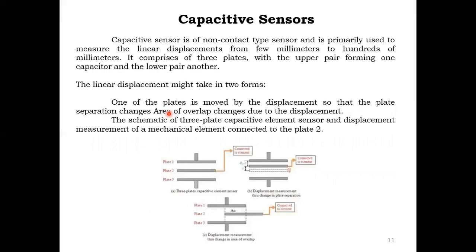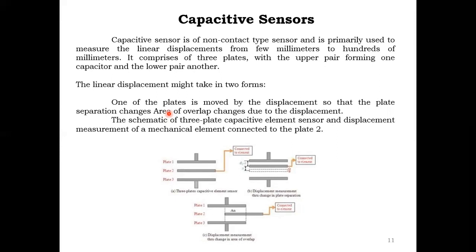Next one is the capacitive sensor. It is a non-contact type sensor, primarily used to measure linear displacement from a few millimeters up to hundreds of millimeters. It comprises three plates, with the upper pair forming one capacitor and the lower pair another.